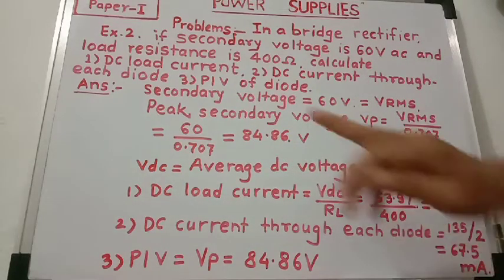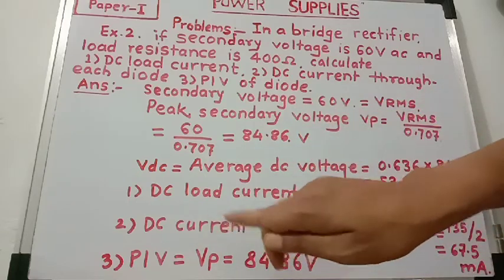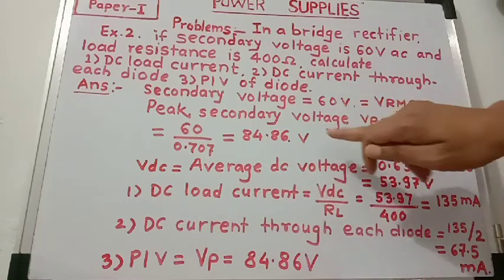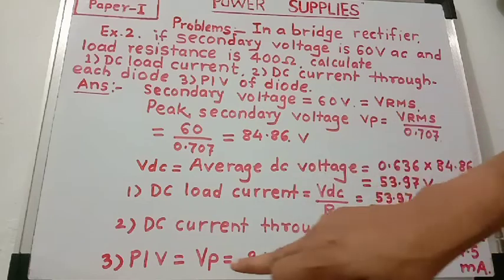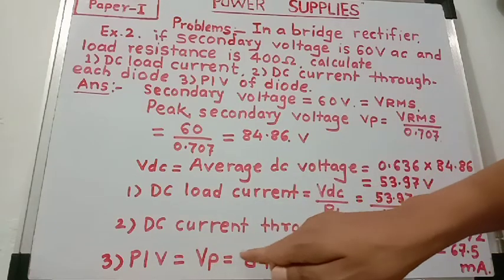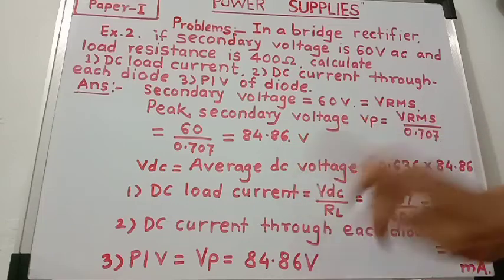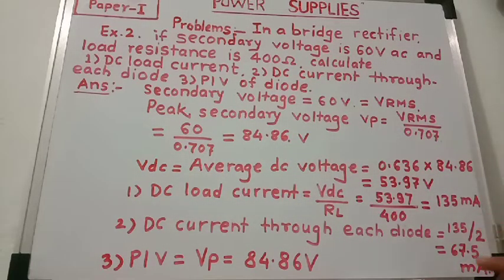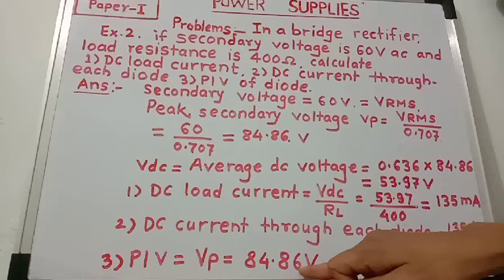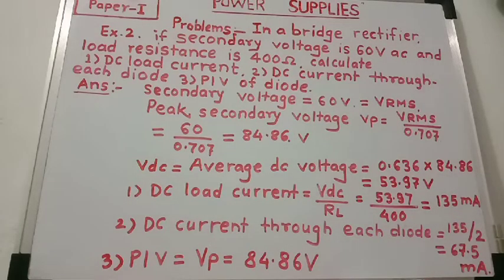Vp means peak secondary voltage. So PIV across each diode is 84.86 volt. Okay, so we will stop here.